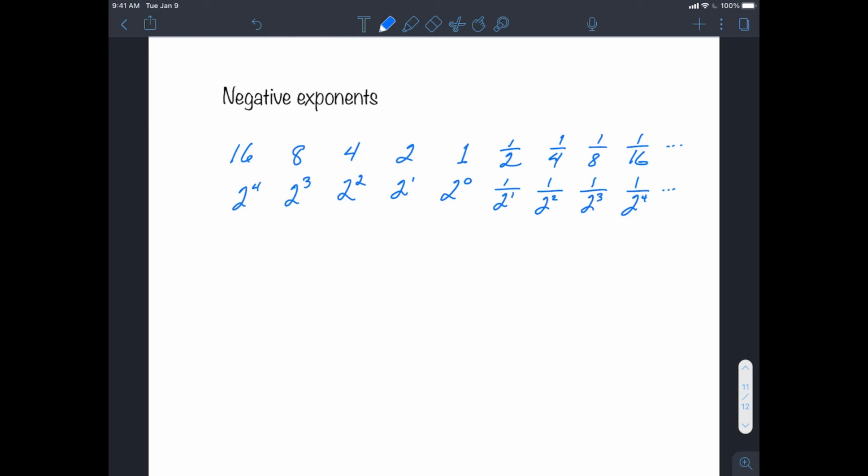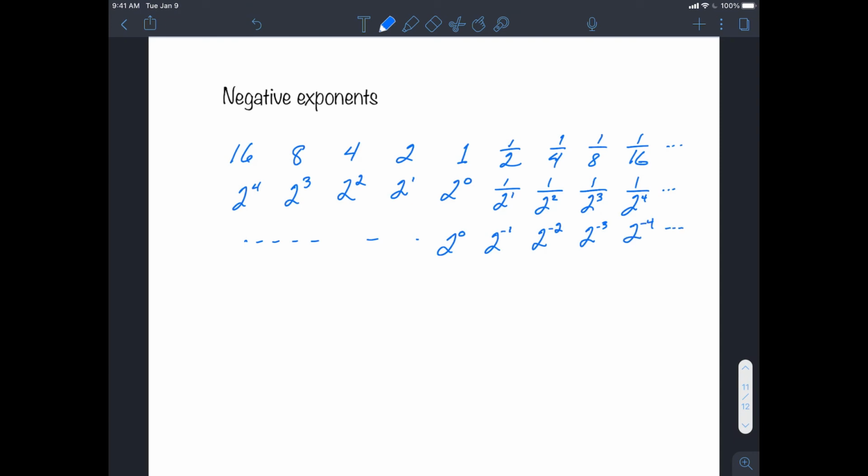A third way that we can look at this is, we'll go from 2 to the 4th up to 2 to the 0, and then really the next logical pattern for the exponents is -1, so 2 to the -1, 2 to the -2, 2 to the -3, 2 to the -4, and so on.